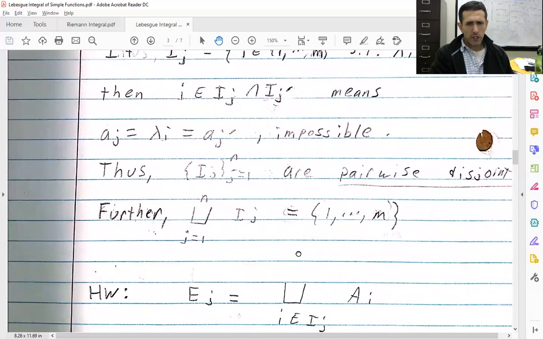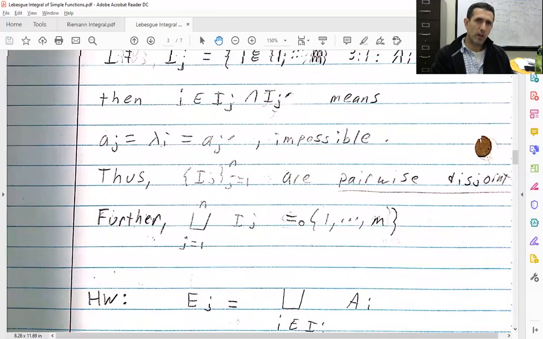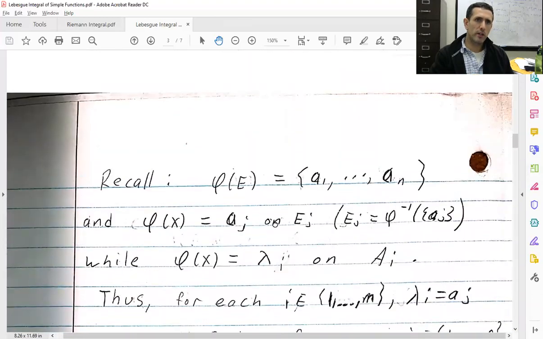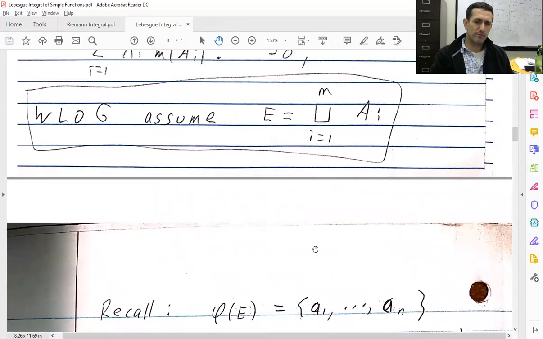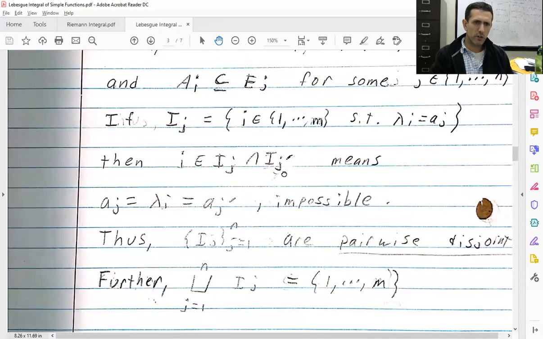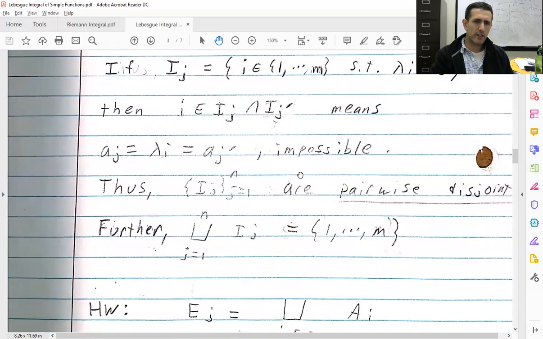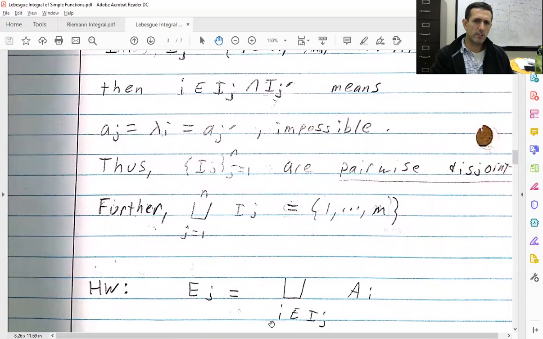And homework, and this is where you're going to use the fact that E is the disjoint union of the A_i's, what we are assuming right here. So homework is going to be that also each E_j can be written as this disjoint union.